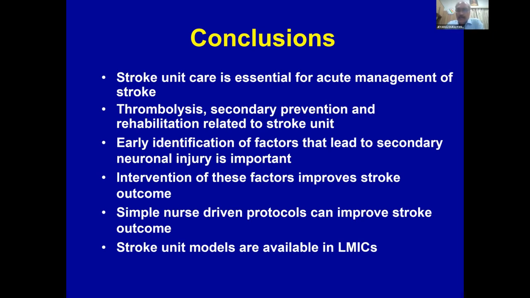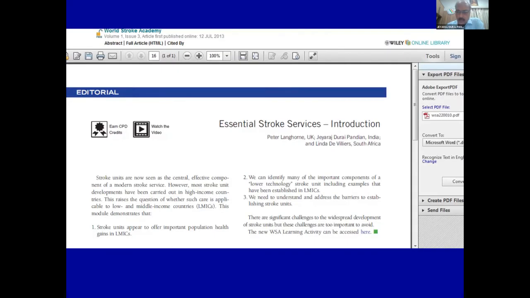And there are several stroke unit models available in LMICs. For more reading, the World Stroke Organization's World Stroke Academy has a teaching module available. If you're interested, you can access it. It's free to use. I thank my entire team locally here for all the support, particularly for the research that we have been doing from our center.